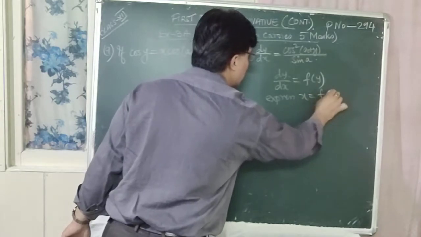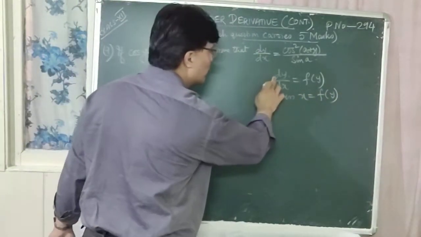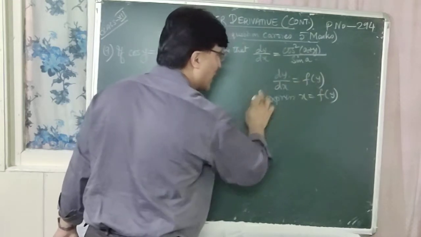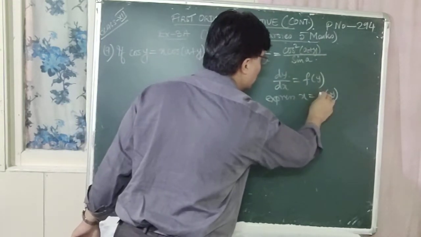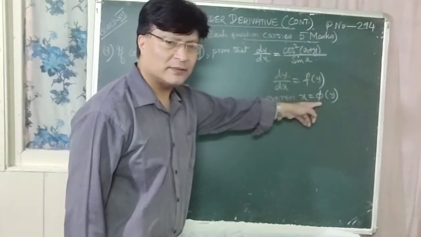If you want to prove dy by dx as a function of y, always express x as a function of y.